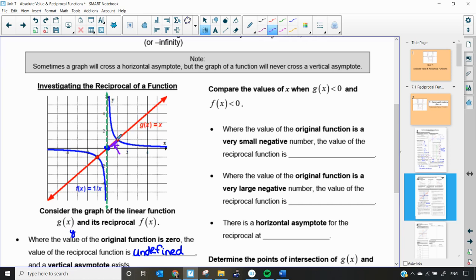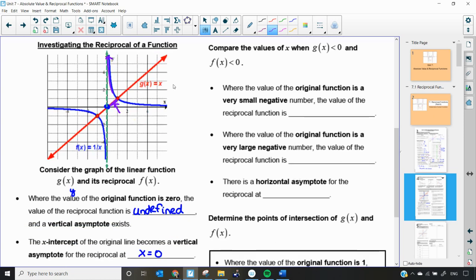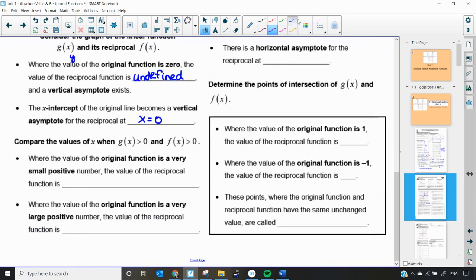And notice this, the closer and closer and closer our original function gets to 0, the bigger and bigger and bigger our y values get for the reciprocal function. So as the original function is becoming a very small number, the value of the reciprocal function is approaching x equals 0.